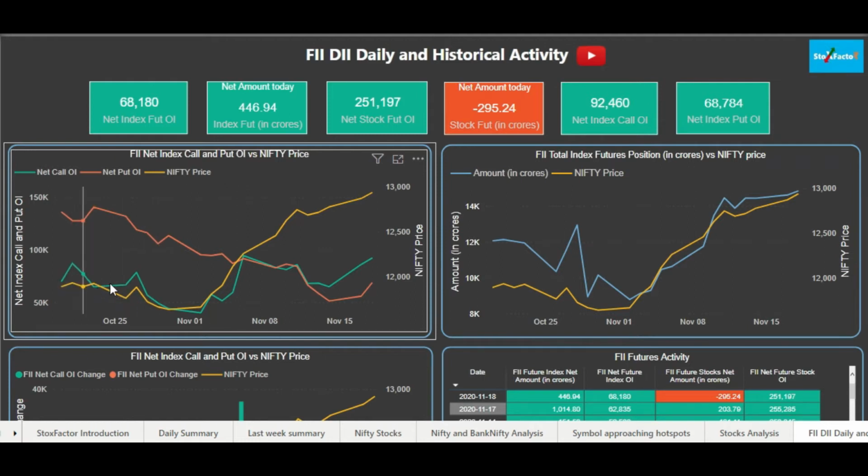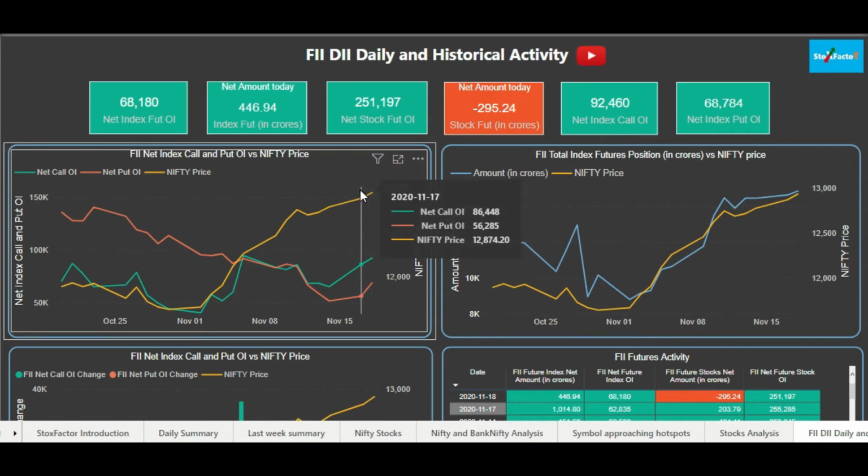You can see the green line on a daily basis, that is the net call OI position, whether they are selling the call positions or buying the call positions. You can see the trend is continuously increasing. If the call OI positions are increasing with the increase in the index, it means they are making long positions in the calls.